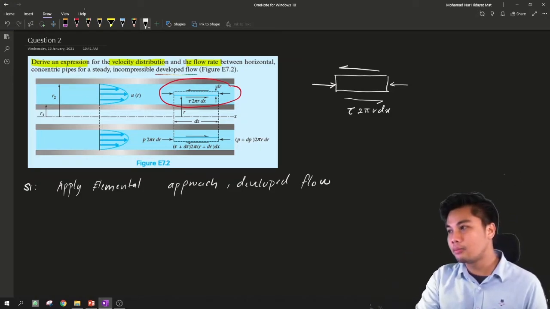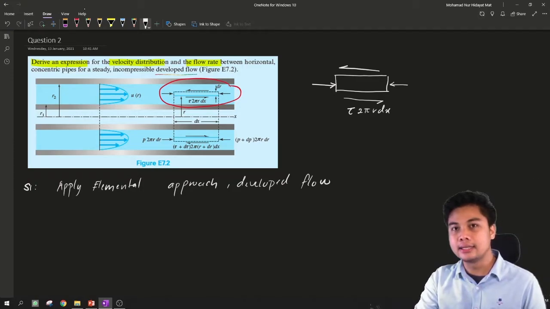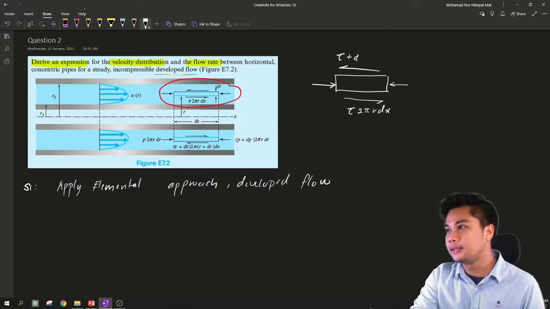So tau multiplied with surface area is the shear force. Then here we can get the change of radius. We get tau plus d tau times 2 pi.